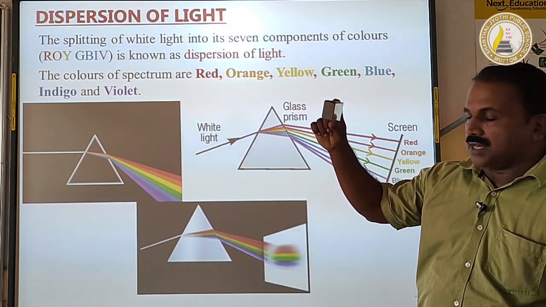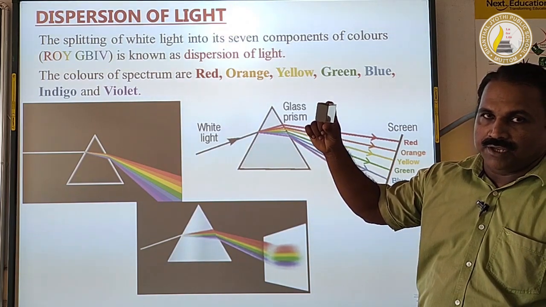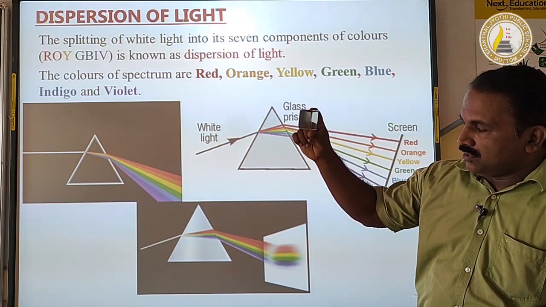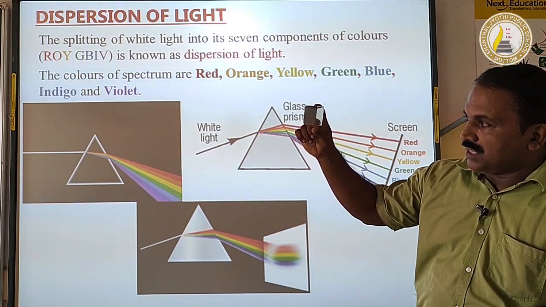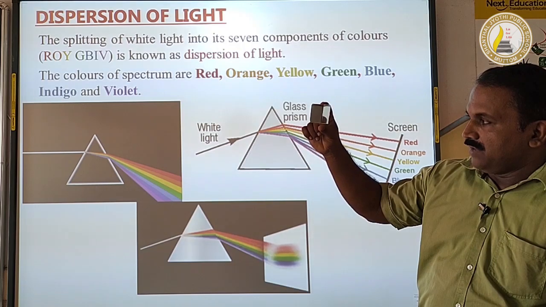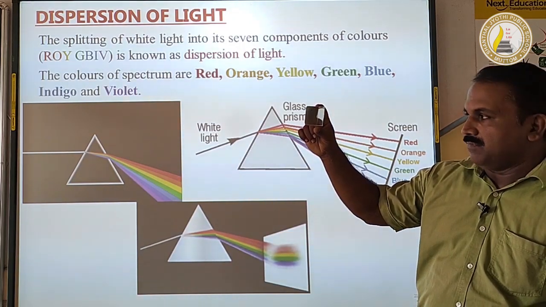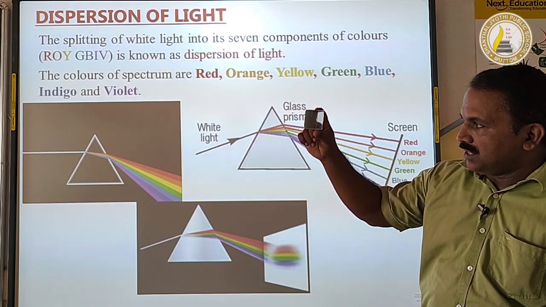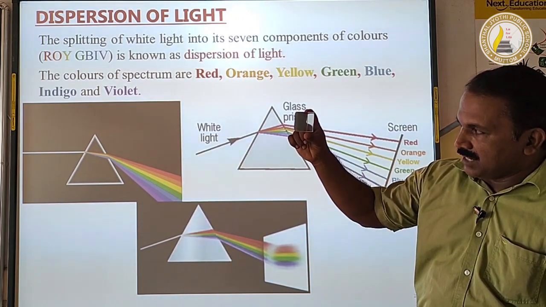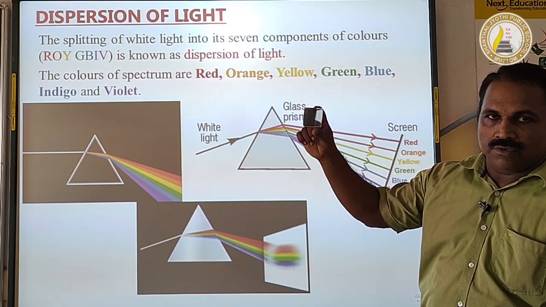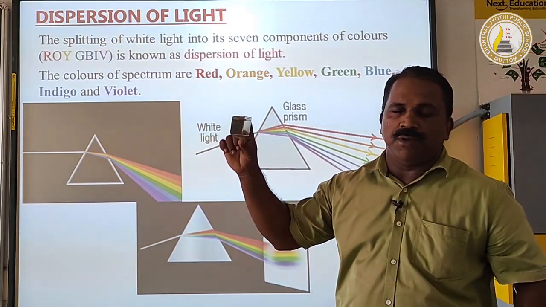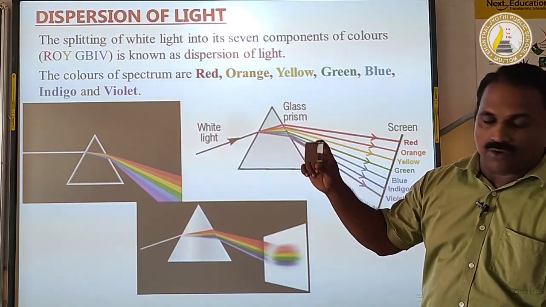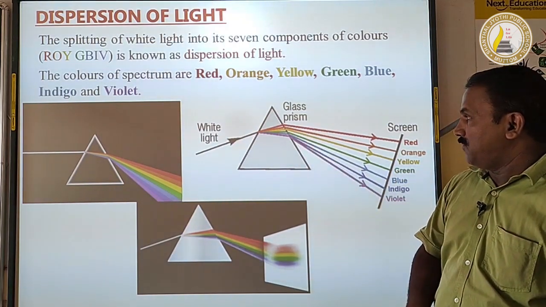The 7 colors are VIBGYOR: violet, indigo, blue, green, yellow, orange and red. When white light passes through the glass prism, we can see these 7 colors clearly. This process of splitting white light into its constituent colors is called dispersion of light.